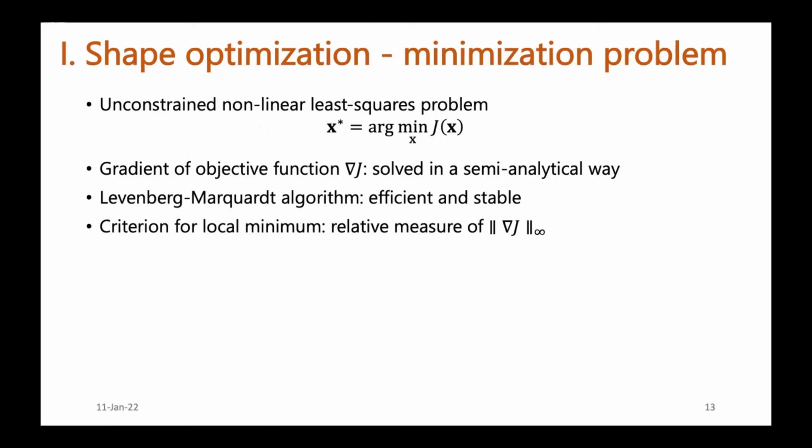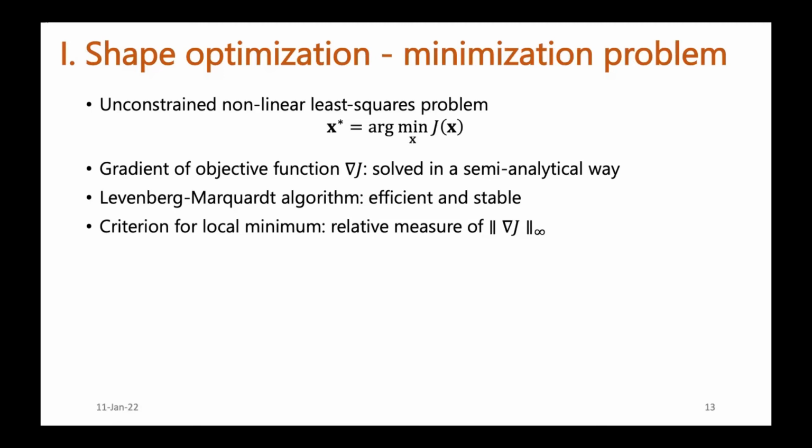It does not guarantee a global minimum, but it is efficient to find a local minimum. In this method, the gradient can be solved in a semi-analytical way, and we use an efficient and stable algorithm, the Levenberg-Marquardt algorithm, to solve the problem.